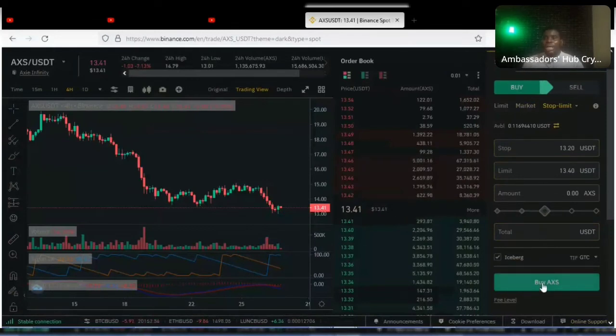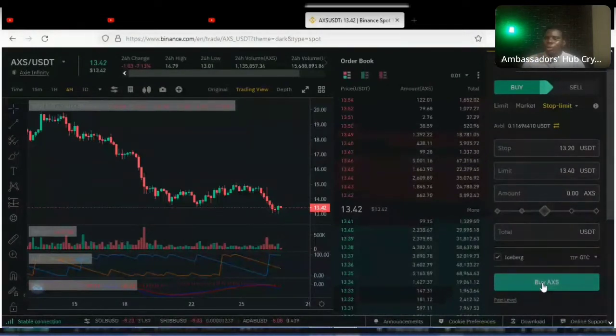Now on stop limit, your limit order cannot be above the current market price. It either has to be at the current market price or a little bit below the current market price, right?